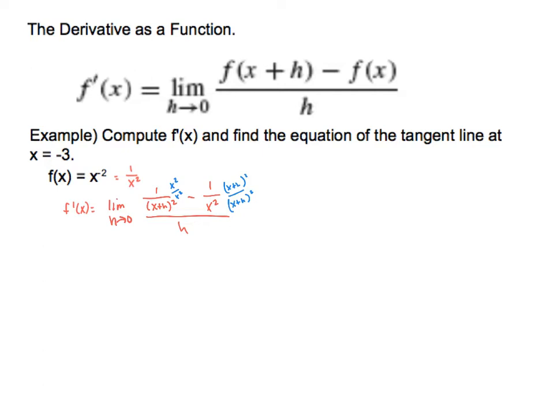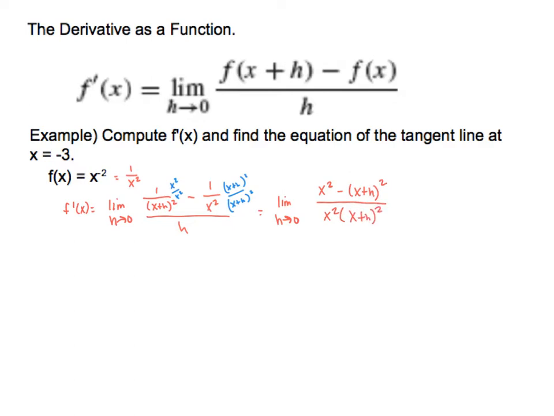All right, so my numerator now becomes x squared minus quantity x plus, I'm sorry, not 2, x plus h squared, divided by x squared times x plus h squared.